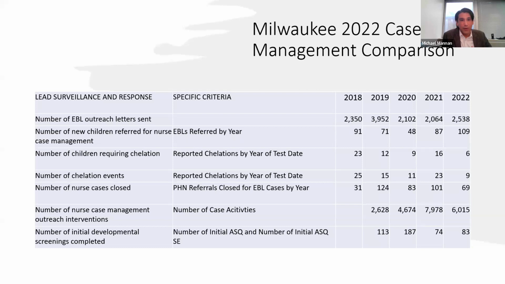And so I think a few things to take away from this slide, from what we have a short amount of time to cover, is that the number of children, the second row, that are referred for nurse case management, those are new cases on top of the existing caseloads that they have. So you get an idea of the volume of work that every public health nurse has to do here.